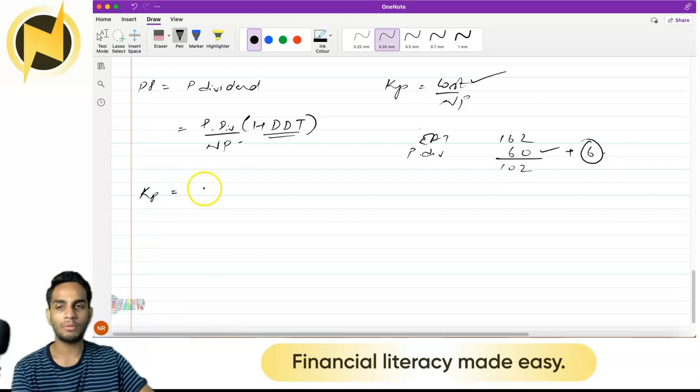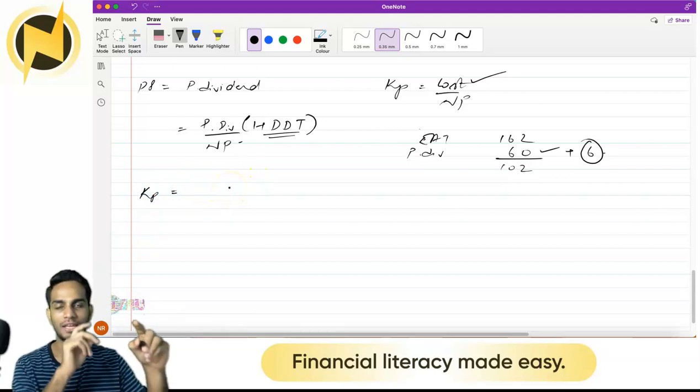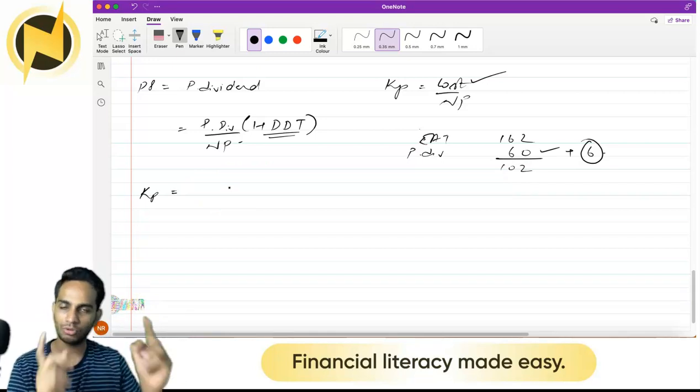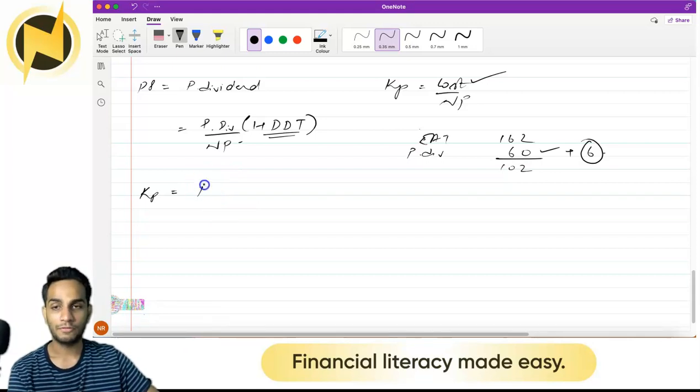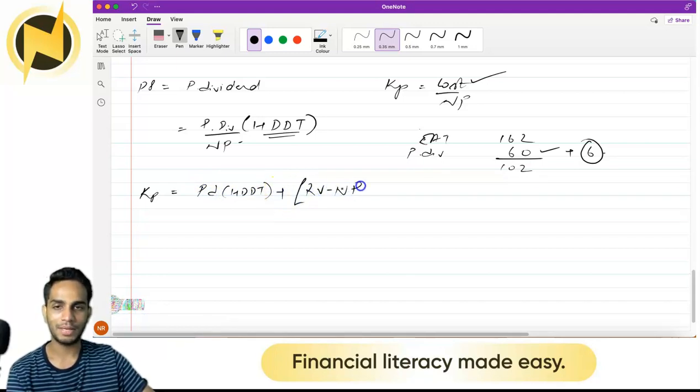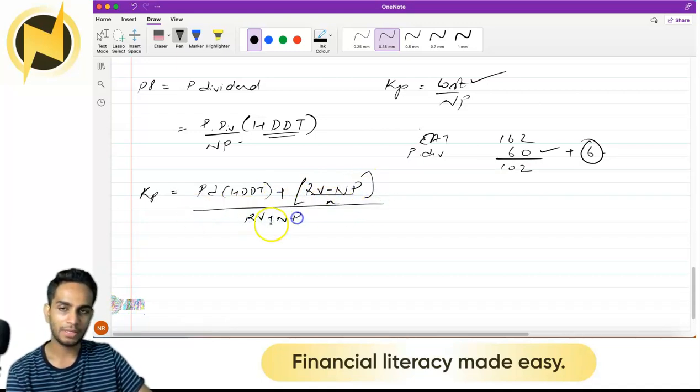If debentures were redeemable, what was the cost? There's interest into 1 minus t plus RV minus NP divided by N, the whole divided by RV plus NP divided by 2. Here it will be preference dividend, if you have DDT, into 1 plus DDT, plus RV minus NP divided by N, the whole divided by RV plus NP divided by 2.